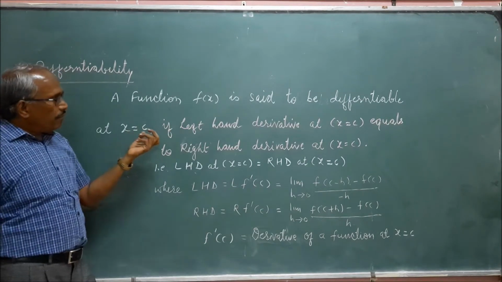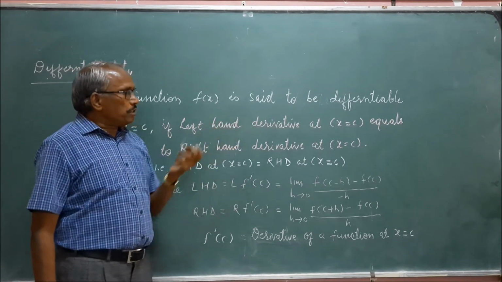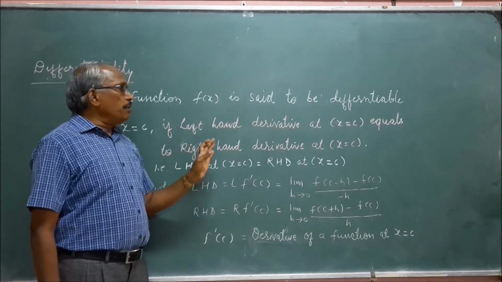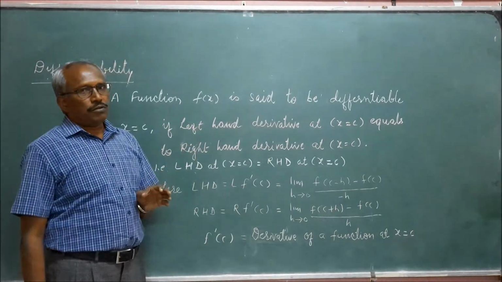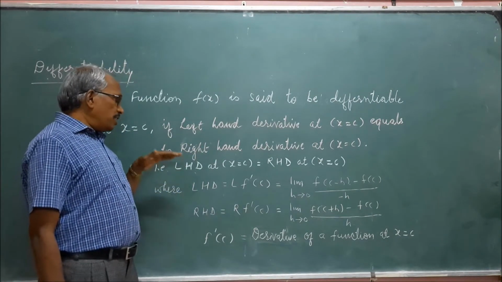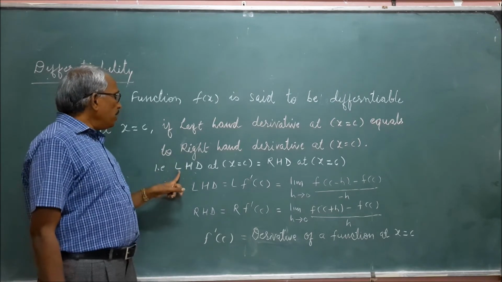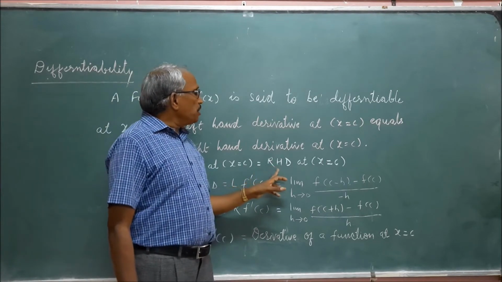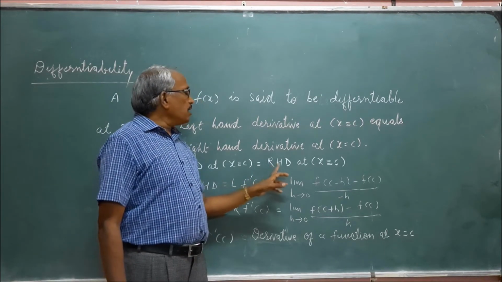if the left hand derivative at x equal to c equals the right hand derivative at x equal to c. The left hand derivative at c is denoted by LHD and the right hand derivative by RHD.